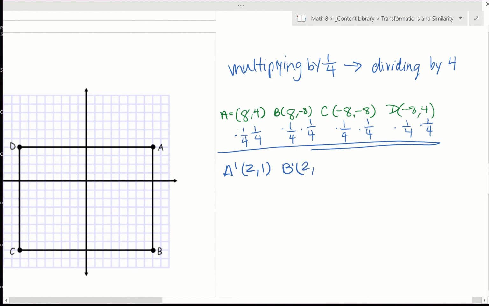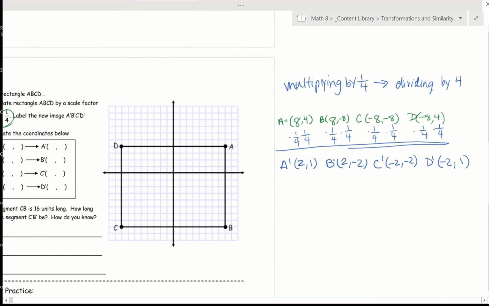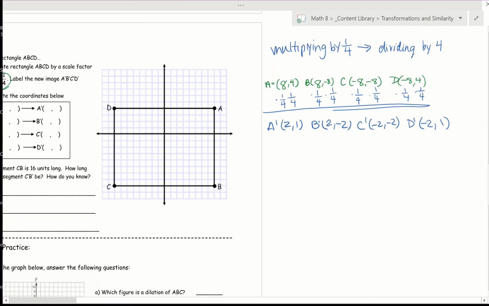And -8 times a fourth is -8 divided by 4, which is -2. And as we continue, we'll have 8 times a fourth, which is 8 divided by 4, which is 2, and -8 divided by 4, which is -2. And for D prime, 4 times a fourth is the same as 4 divided by 4, which is 1. So now we're going to graph these. We have A prime is 2, 1.